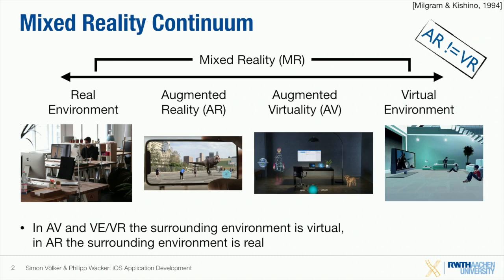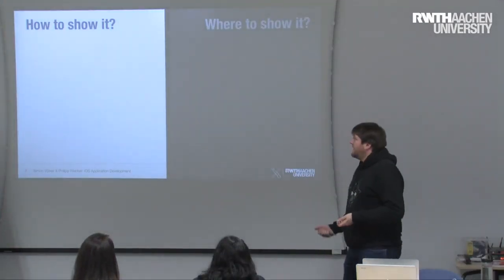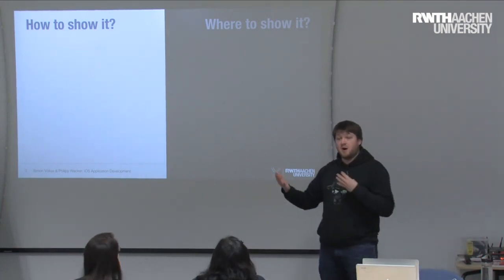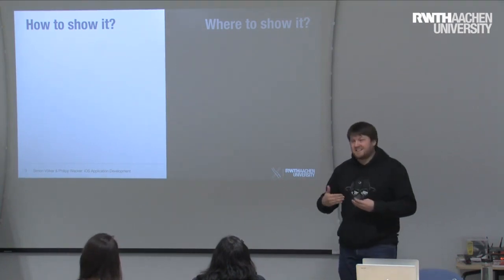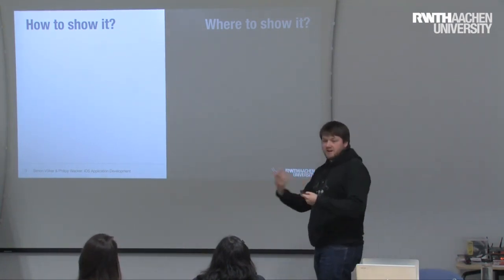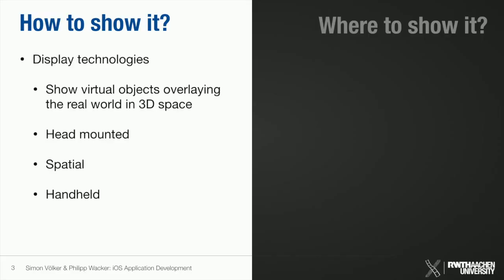For augmented reality, there are usually two questions or two problems that you have. The first is, how do you show what you want to see? So how do you show digital information in the real world? And where do you show them? So how do you know where you need to place your digital objects? For how to show it, it's basically the different display technologies that you have.